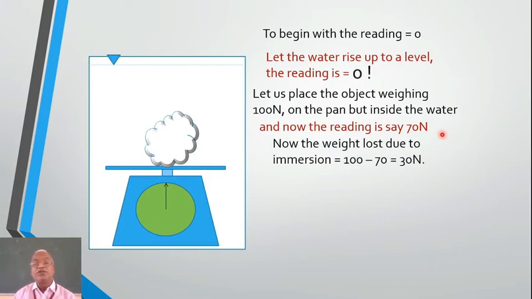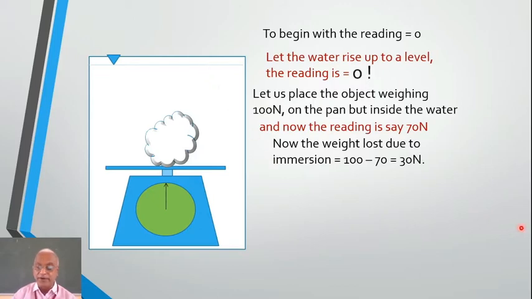Now the weight lost due to the immersion is 100 minus 70, that is 30 newtons. Now if you think, what is the volume of water that is displaced over here? The volume of the water displaced will be equal to the volume of the object which has gone in. That is simple. But what Archimedes principle tells is, this 30 newtons, which is the weight lost by the object which has gone inside, will be equal to the weight of the liquid displaced.